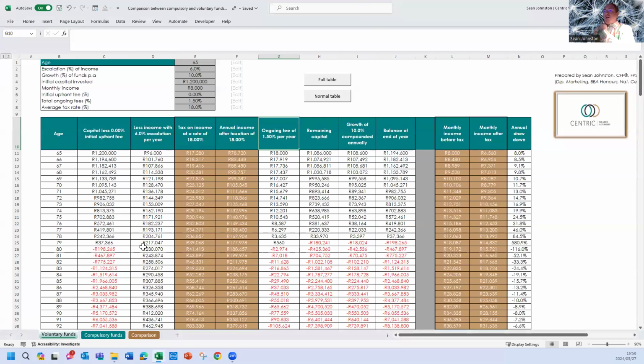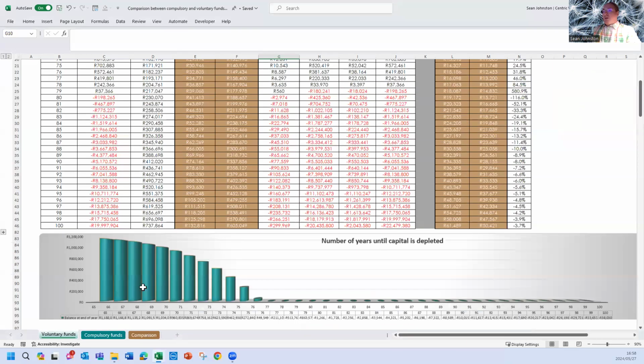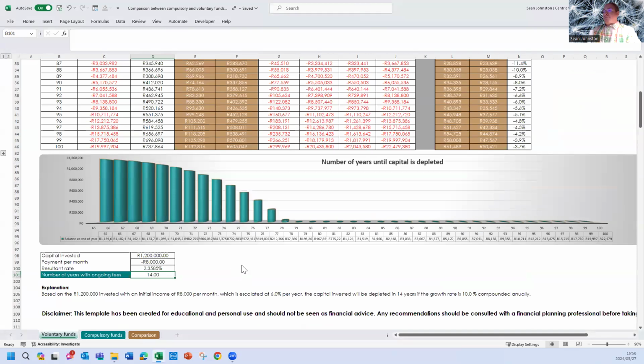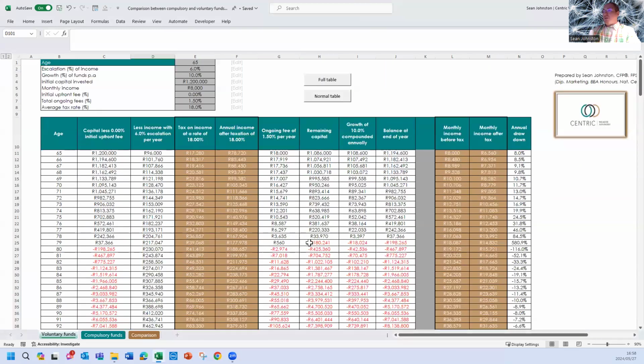So we see here that if this investor is drawing 8,000 Rand and escalates it at 6%, their money is going to run out in 14 years, which means the investor will be about 79 years of age when that happens, and this fund balance goes to zero.